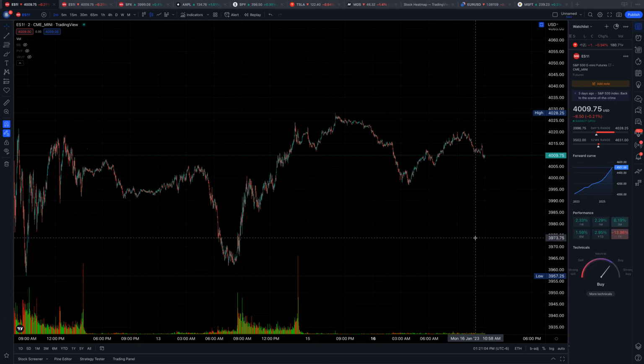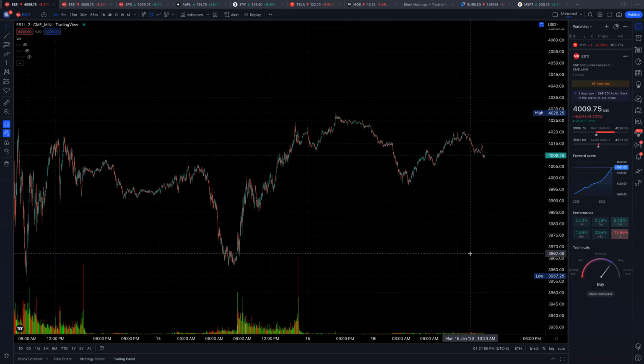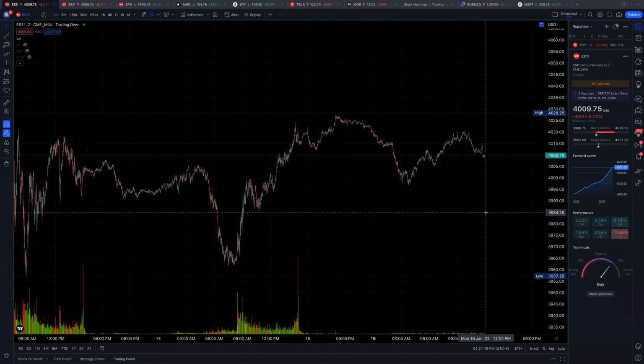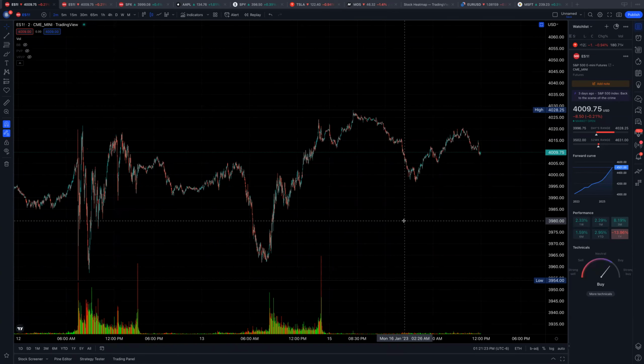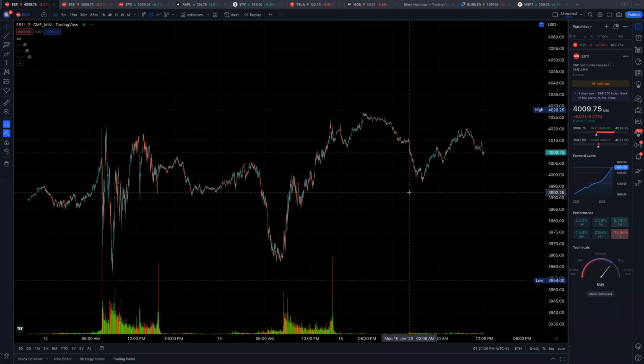The point of control and the value areas definitely seem like useful insight. It's interesting how all these value areas, high volume nodes, and all that shift throughout the day, and they kind of tell you what's going on and things like that.